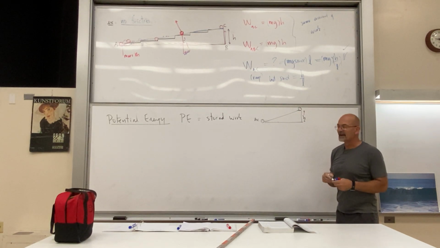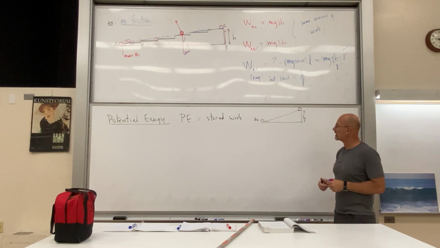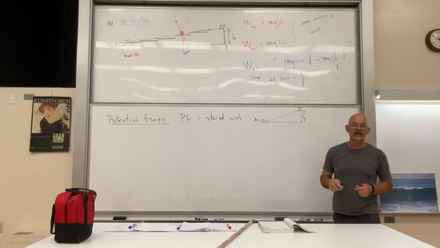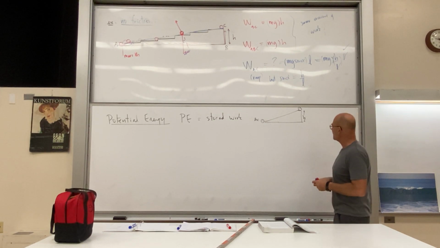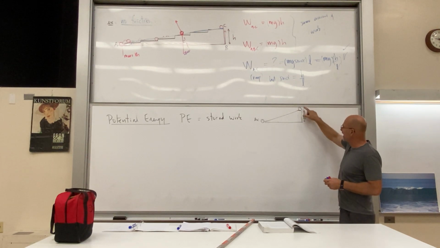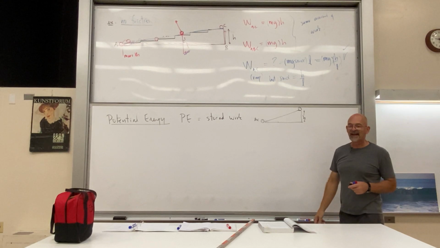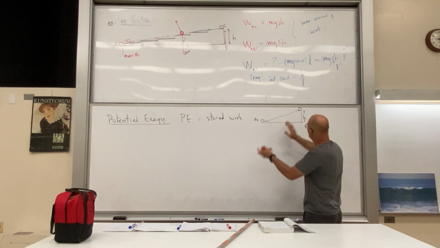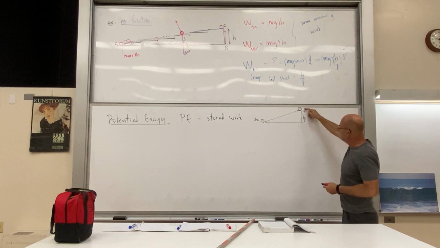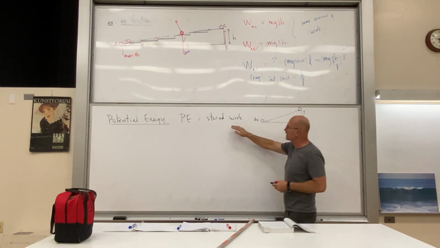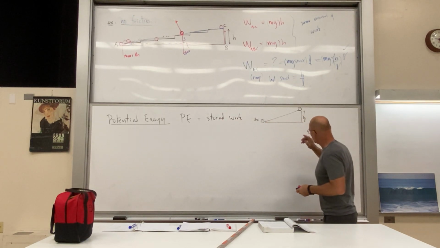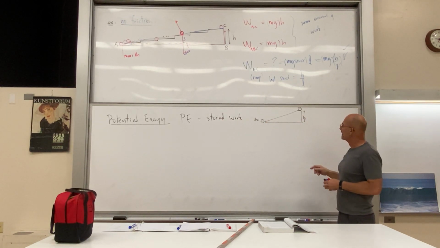It's up there. Now, if it's stored work, why would I want to store it? The answer is because I can get this stored work to do some work for me. I put the work in, stored it up there, and now I can get the work back again. It's like putting money in the bank in a number of ways.